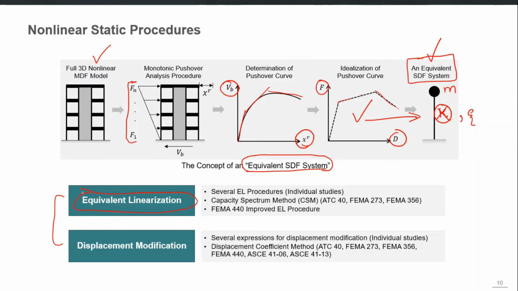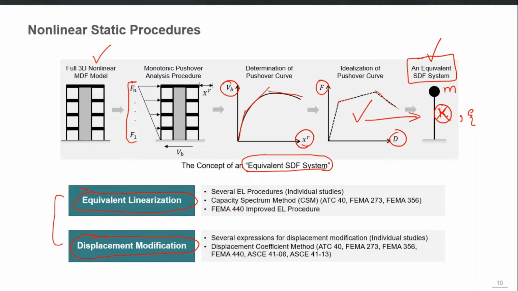Equivalent linearization idea says that a nonlinear system can be approximately represented by an equivalent linear system with elongated time period and with additional damping. The second approach, which is called displacement modification, simply says that the displacement of an elastic single degree of freedom system can be modified by some empirical factors to convert it into inelastic target displacement.